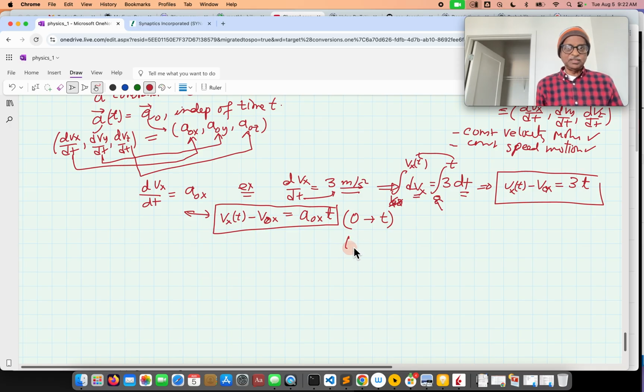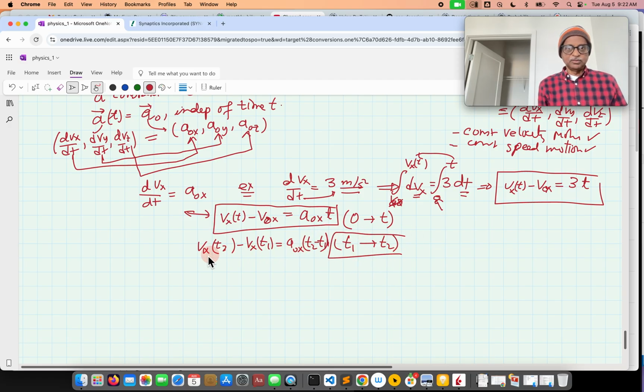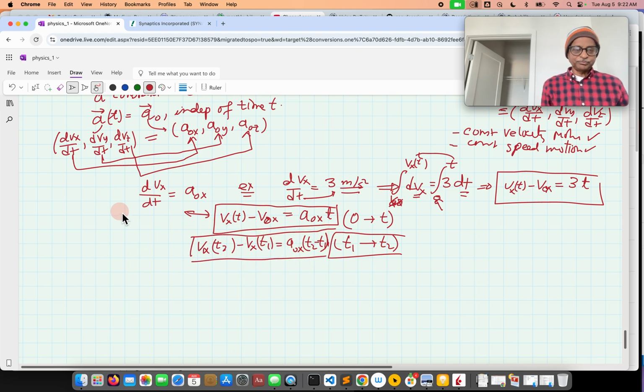But if you say t1 to t2, you can do it for any time. So this will be vx at t2 minus vx at t1 equals a0x times t2 minus t1. If you did that, you'll get this. So the mathematics is very easy.